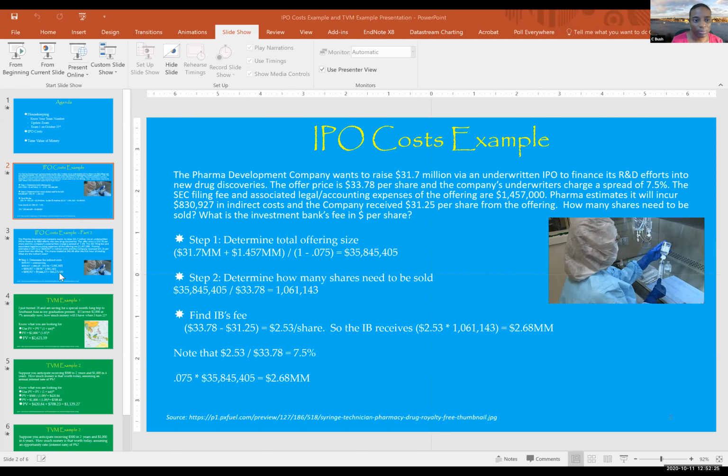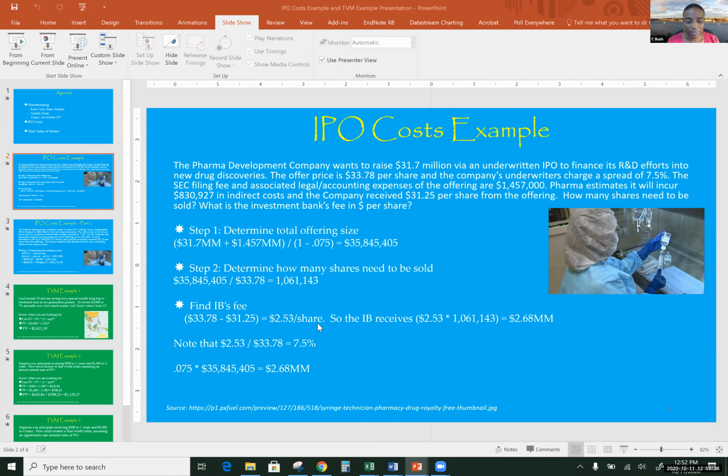Why is this not letting me go? All right. For some reason, my mouse is absolutely frozen here. Well, I'll just have to talk through it. If I ask you what is the percentage of the indirect costs, take total indirect costs and divide it by the total amount raised. And that's the percentage.